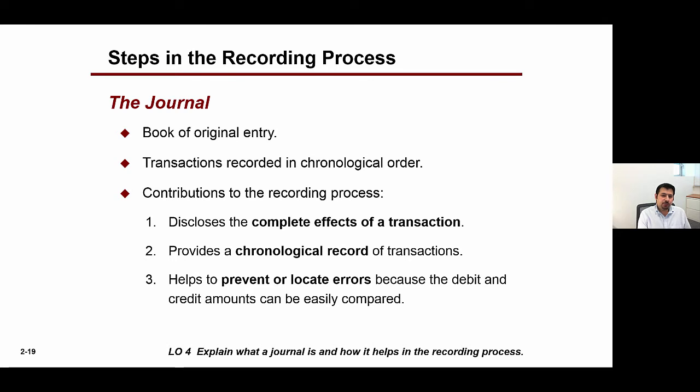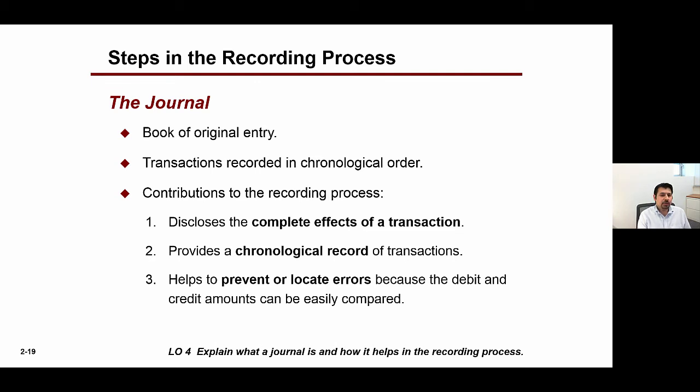Here, it is important to say that the journal records the effect of the transaction on the accounts that are involved. And usually for each transaction we have at least one debit account and at least one credit account that is also affected by that transaction.